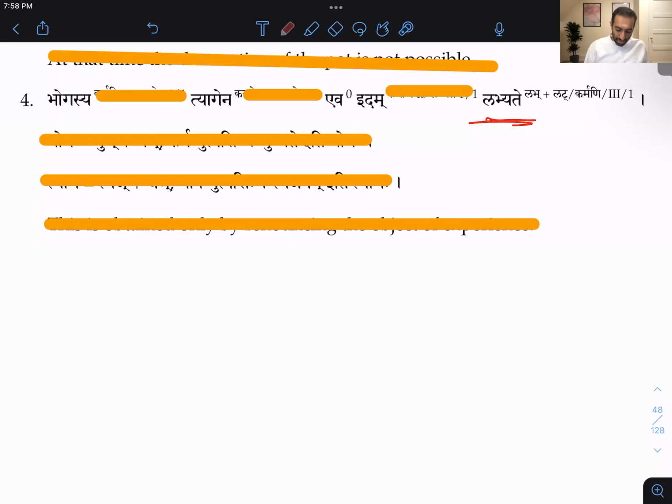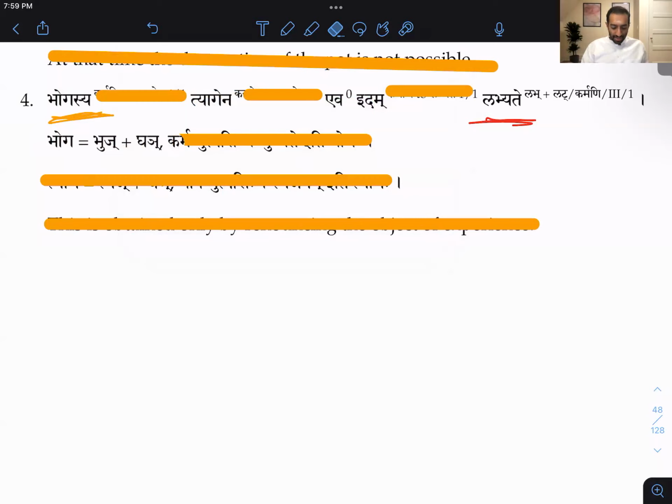Then we're gonna underline our bhoga. Okay, bhoga is Bhuj dhatu. Bhuj becomes bhoj. Then the jakara, there's a sandhi change that happens. Jakara becomes gakara. Okay.